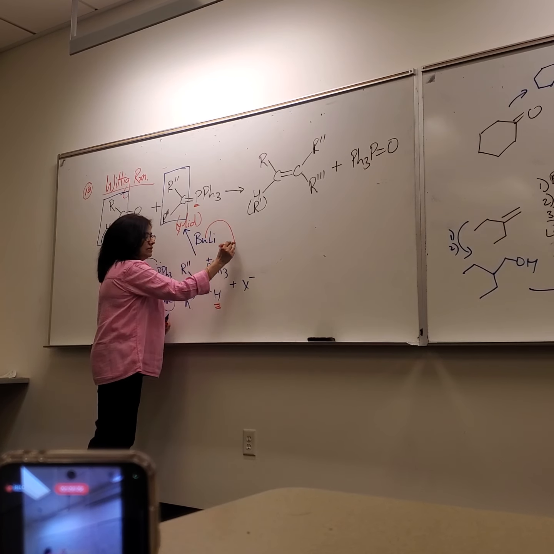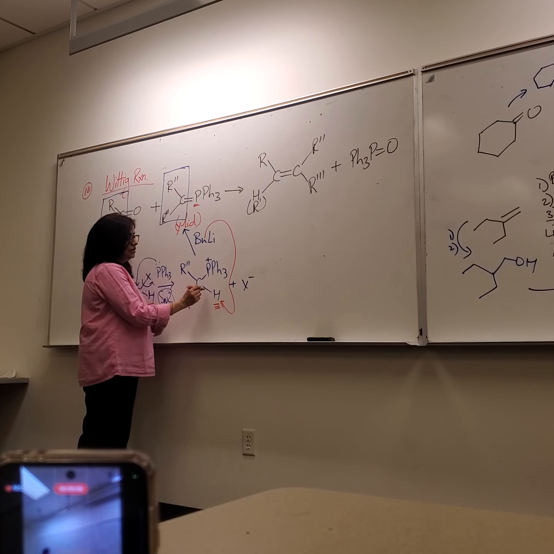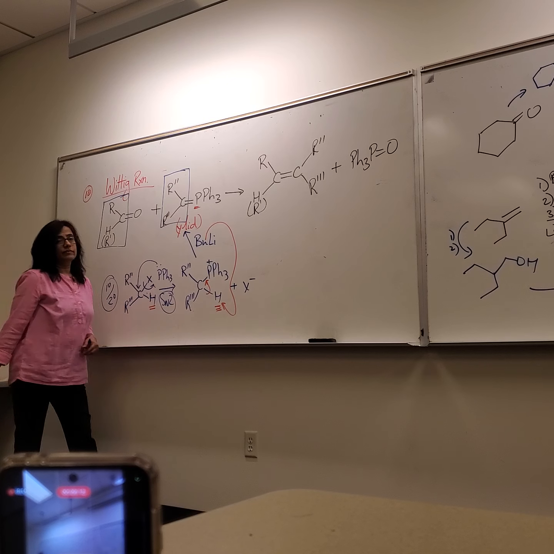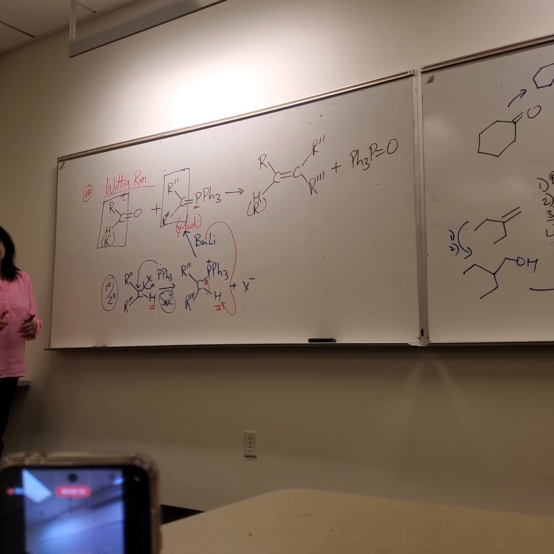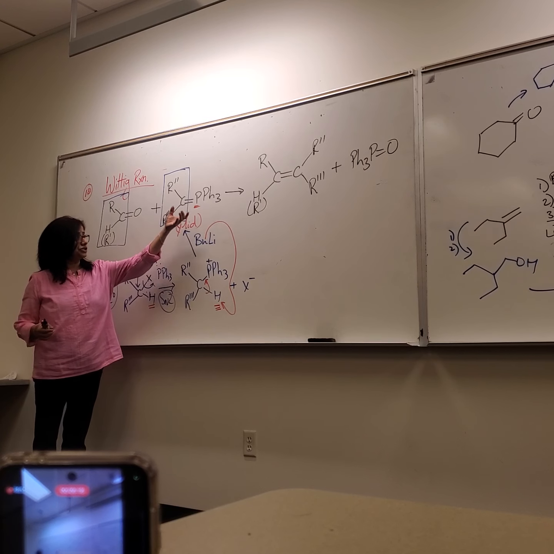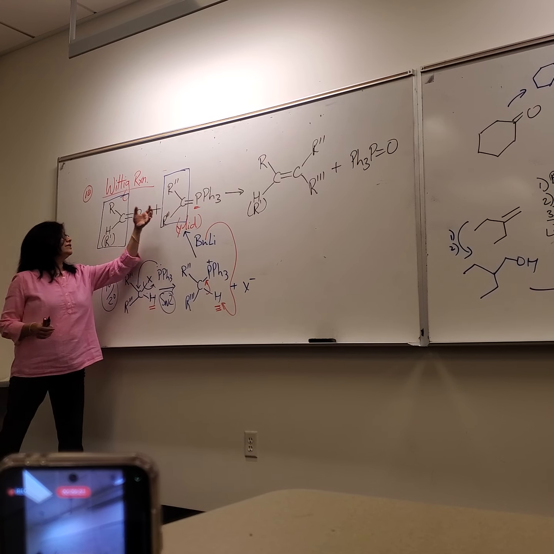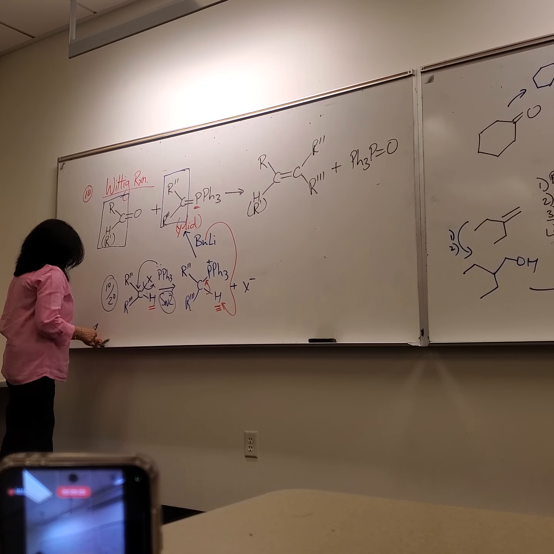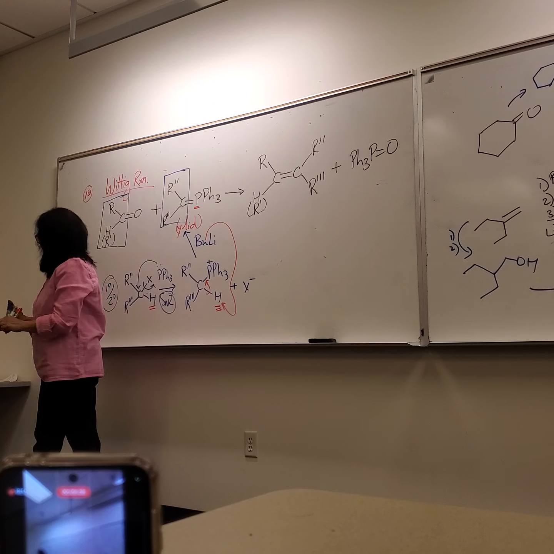Because the base takes the proton, which creates that double bond. The ylide. So the ylide is created in 2 steps, SN2 followed by an acid-base reaction. Once you get the ylide, it reacts with an aldehyde or ketone to produce an alkene. This reaction is called the Wittig reaction.